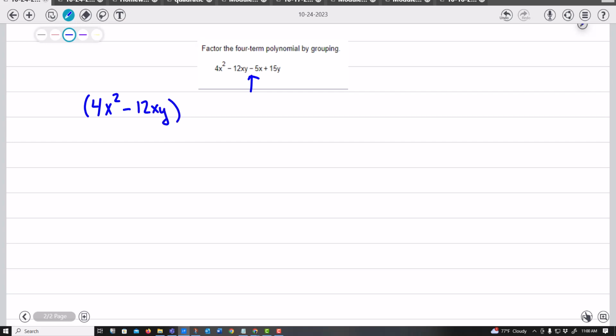But now if I put a minus sign here, I need to be careful. The 5x will be positive because if I distribute the negative, but notice the 15y needs to be negative. Why? Because the negative and the negative will make it positive. So that's when you need to be careful with this factoring by grouping.